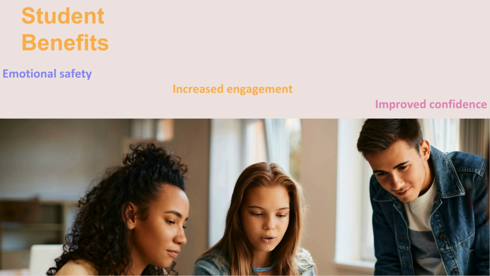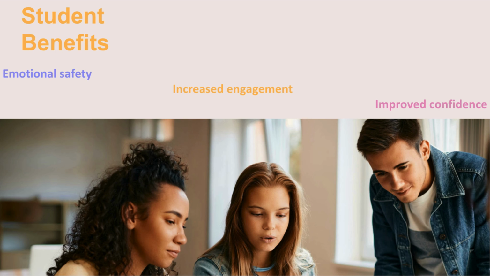What are the benefits for the students? They have emotional safety. There's nothing like the safety of knowing a person genuinely cares for you. Imagine trying to share your flaws or your insecurities with somebody who doesn't care. They say they care, but you can tell that they don't, right? So by being authentic, students feel emotionally safe in your classroom.